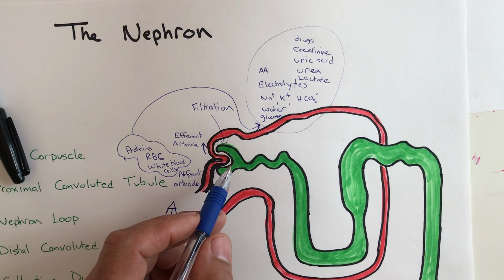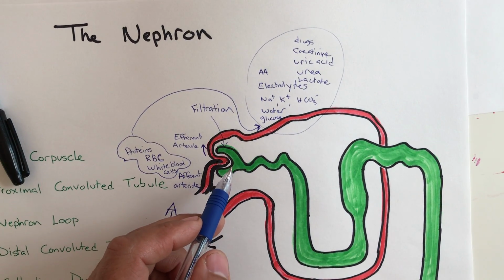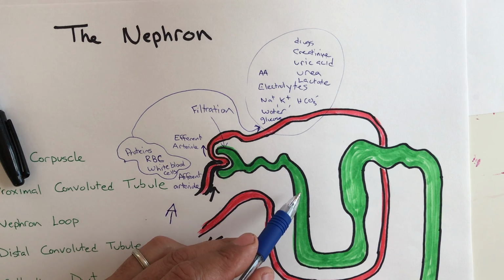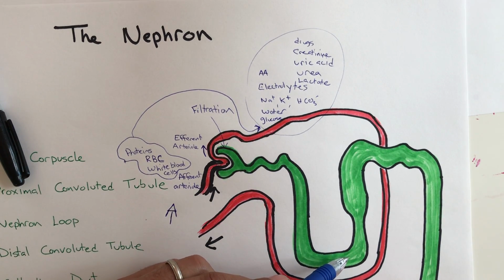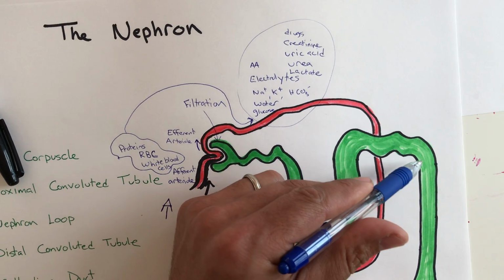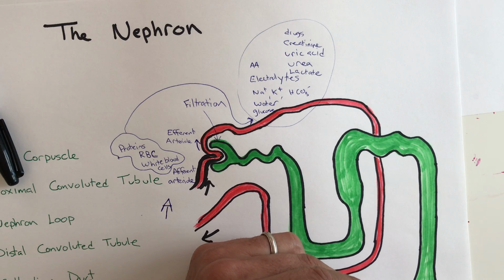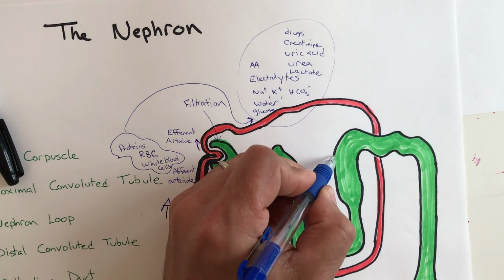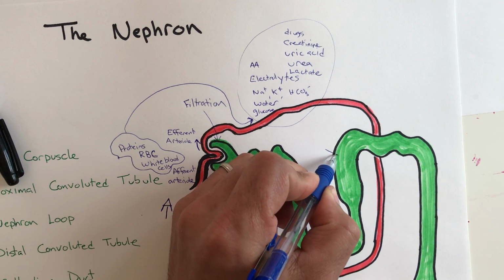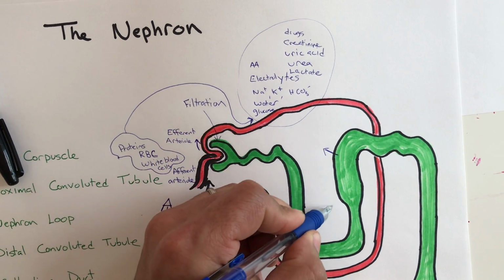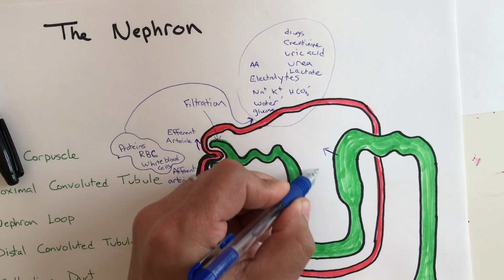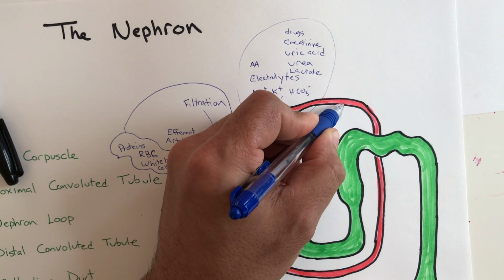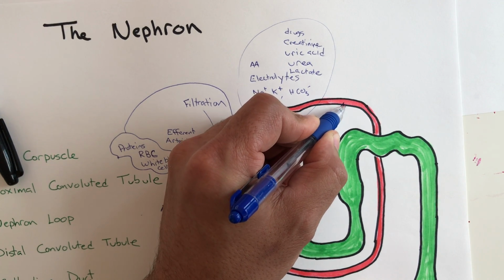In general, if anything enters the renal tubule and doesn't come out, it's going to be excreted out of the body. If it exits like this, it'll go into this peritubular fluid, and eventually it'll go back into the blood.